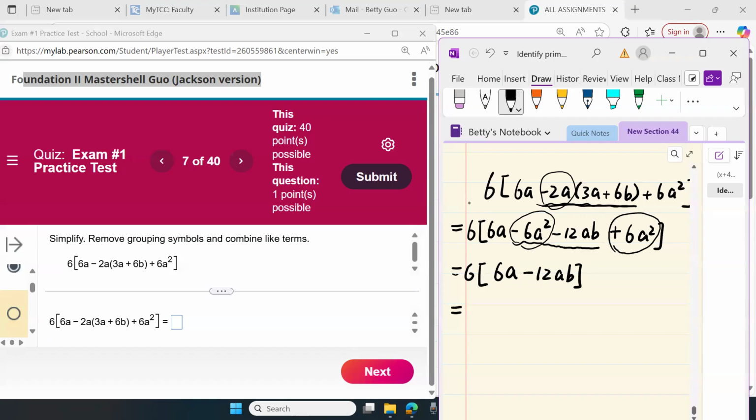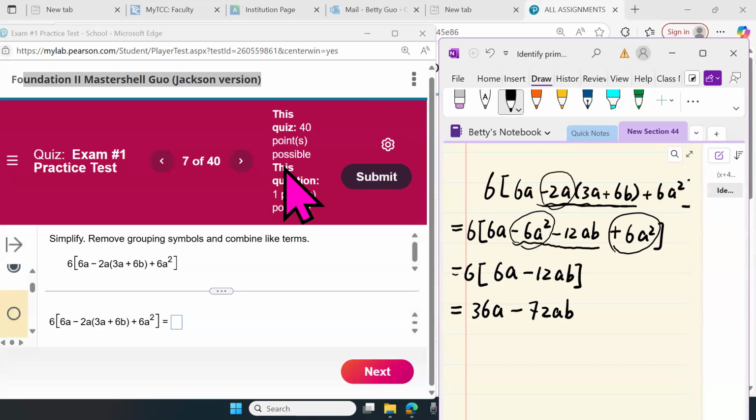Now we can apply the distributive property one more time to remove the bracket. 6 times 6a, 6 times 6, 36a. 6 times -12ab. Positive 6 times negative, we get a negative. 6 times 12, 72, ab. Okay, the result is 36a minus 72ab.